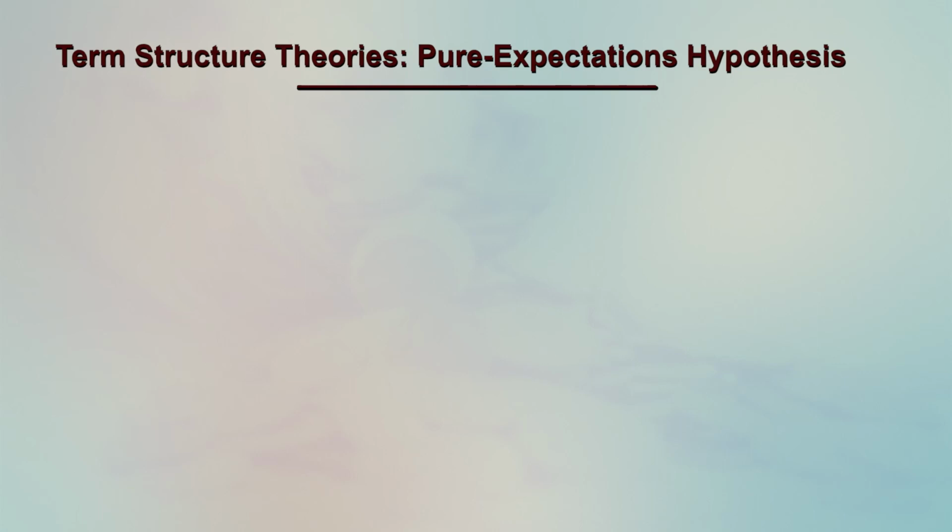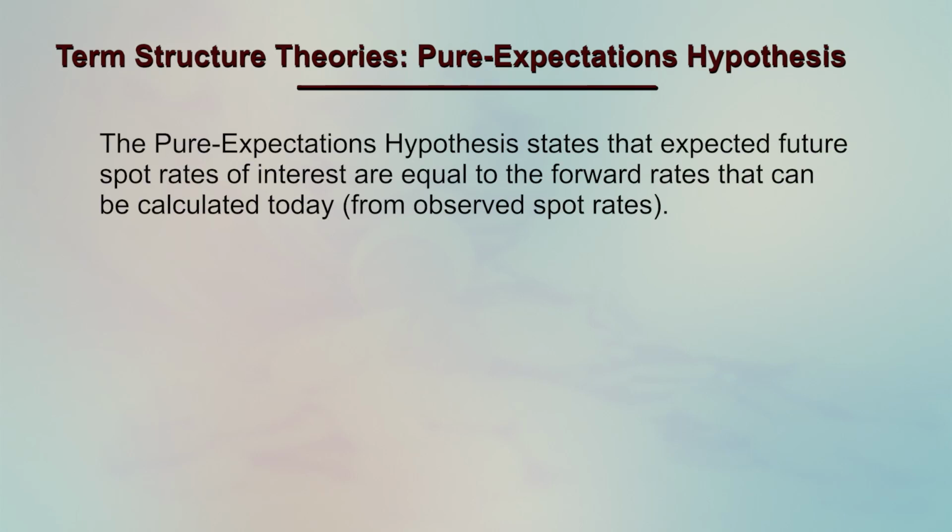The first theory is the pure expectations hypothesis. In this hypothesis, we mean that the expected future spot rate of interest and the forward rate of interest will be equivalent at the date of maturity, and this can be worked out with the help of the spot rates.